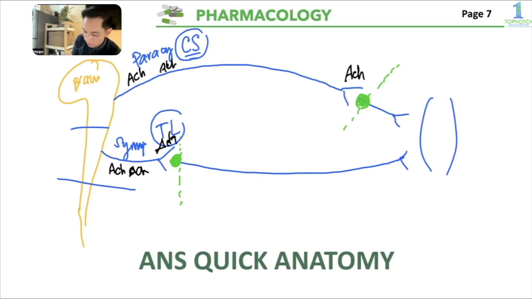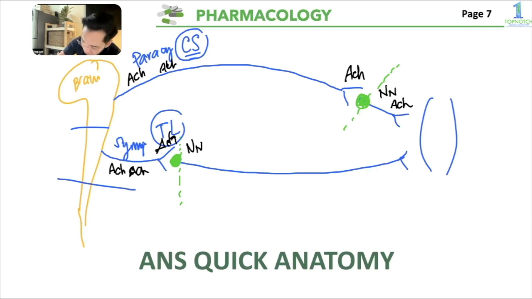It will meet different receptors. Sa parasympathetic nervous system, it will meet your nicotinic neural receptors. Same with this one. But in parasympathetic, it will release your ACh.